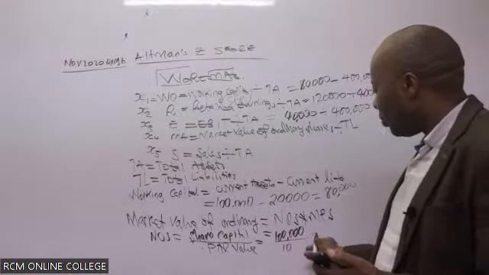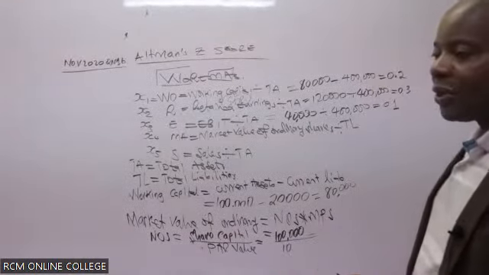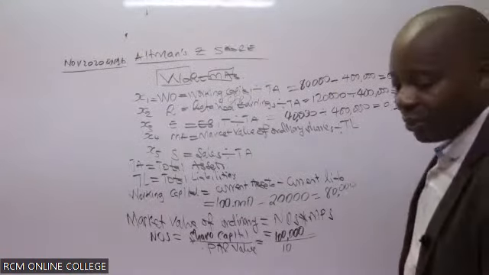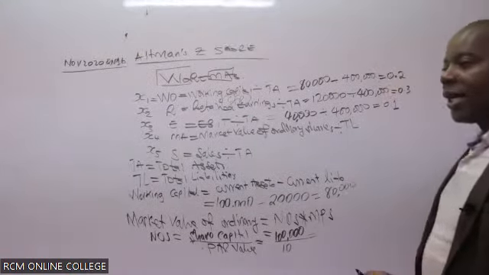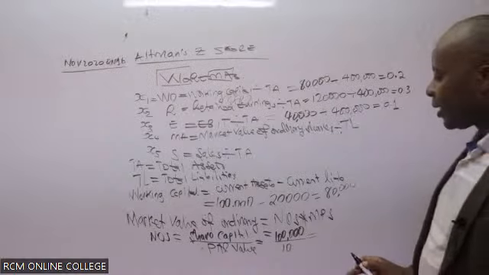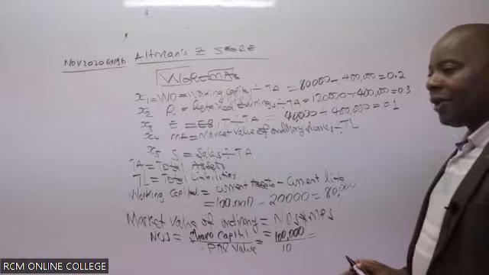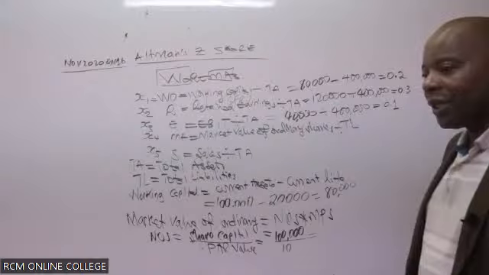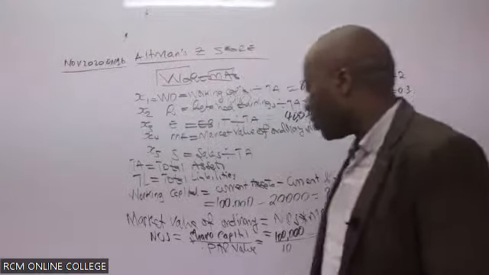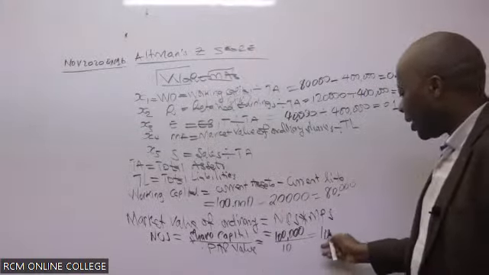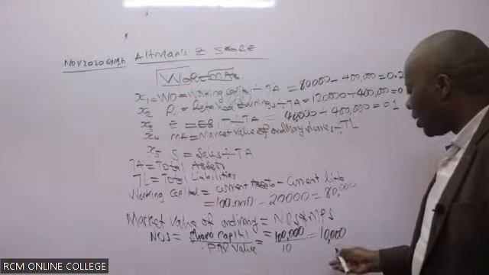Is there anybody who is able to give me the number of ordinary shares? 100,000 divided by 10 is 10,000.